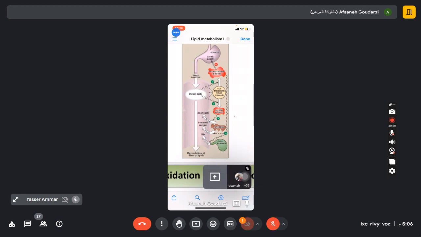Here you see that upon the entrance of the dietary lipid to the small intestine, we get the positive feedback on the gut endocrine cells.